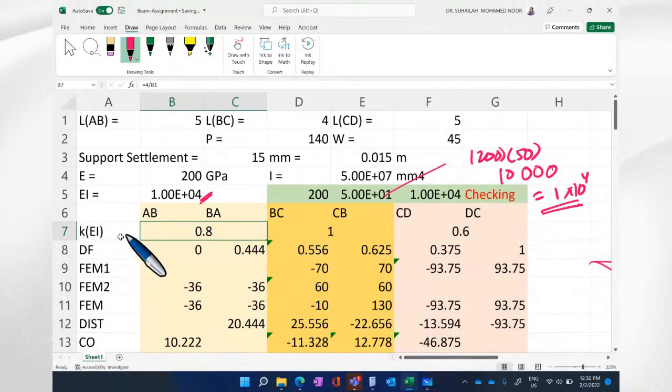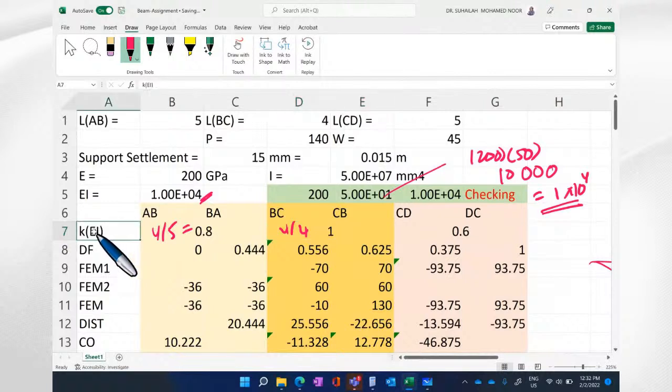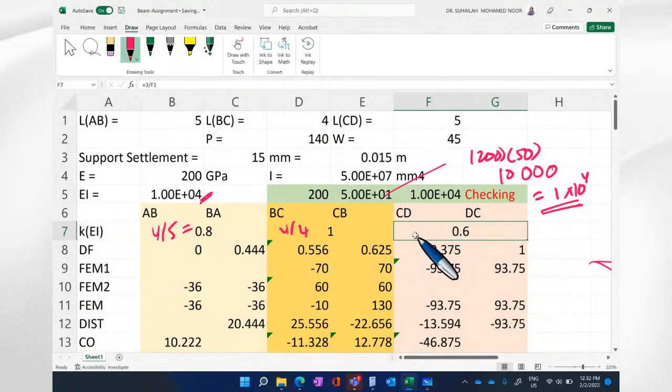Since EI is constant, it is 4 divided by L. The length is 5, so this is 4 divided by 5, equivalent to 0.8. Then for member BC, it is 4 divided by 4, in terms of EI, so it is 1. For member CD, it is 3 because it is a pin end.